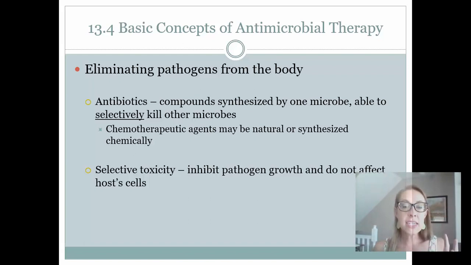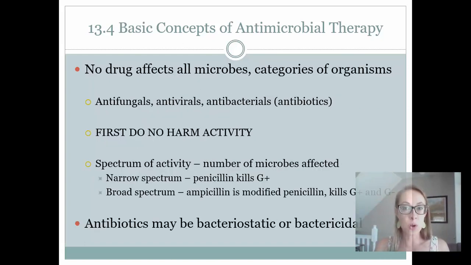So the idea of selective toxicity, inhibiting a pathogen without harming host cells, is very, very important when we're developing drugs. It's important to note that there are multiple types of drugs that are available, and there is no one drug that will affect all microbes the same.